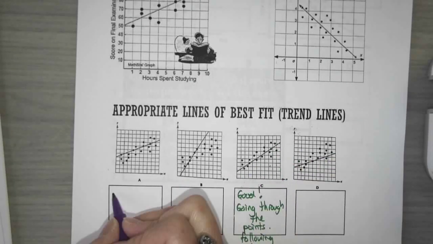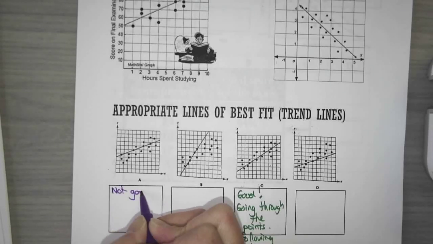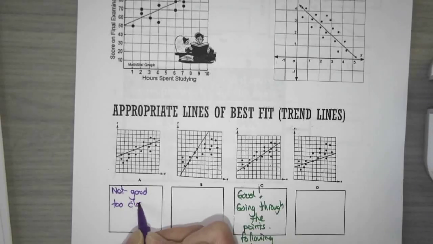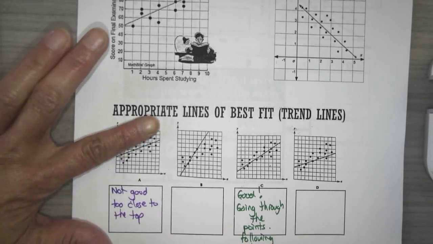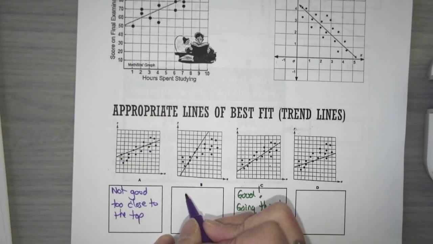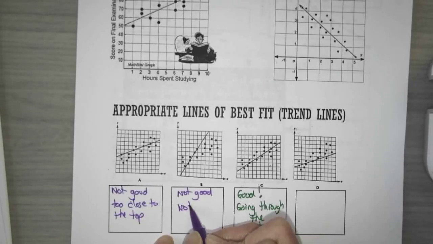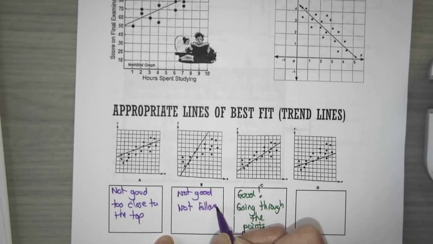These three, none of them are good. So this one's not good because it's too close to the top, too high above. This one here, it's not good because it's not following the pattern.